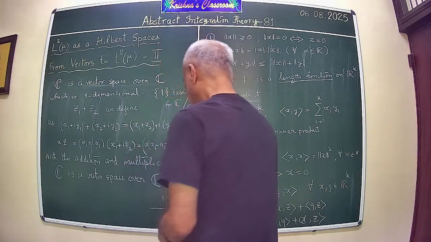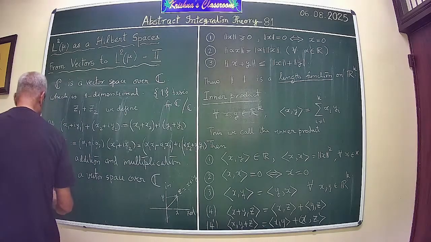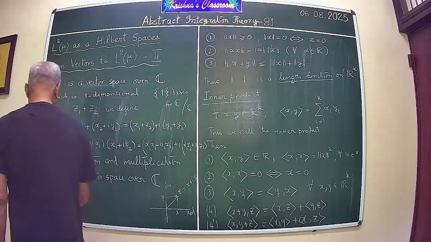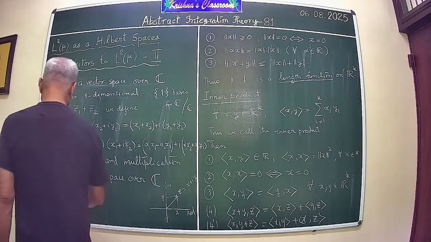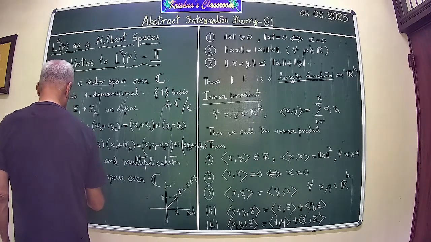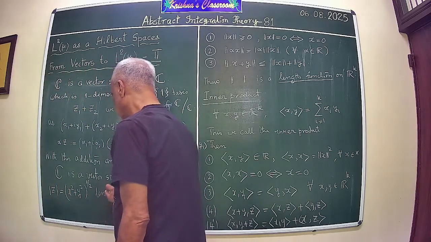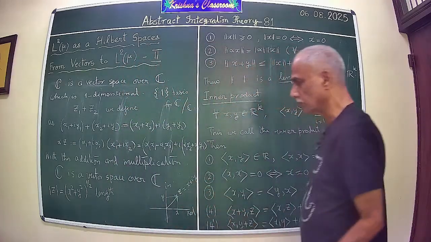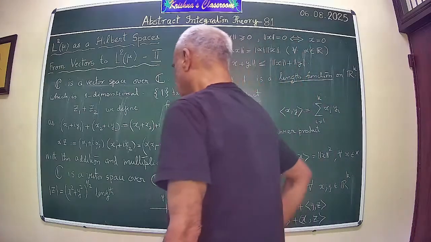What about the length of this vector? So mod Z is the length of the vector. This is actually equal to the square root of x squared plus y squared, using again Pythagoras. Okay, it's the length, mod Z.